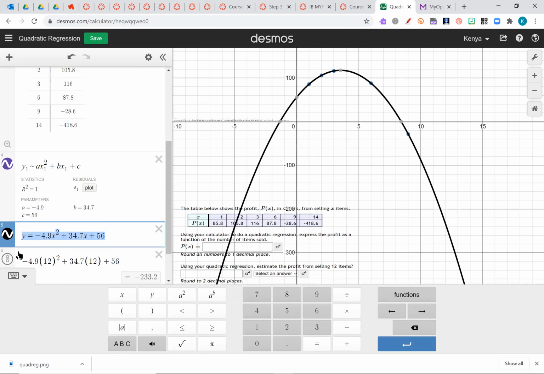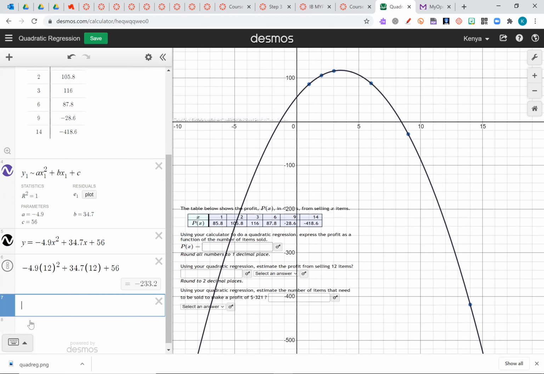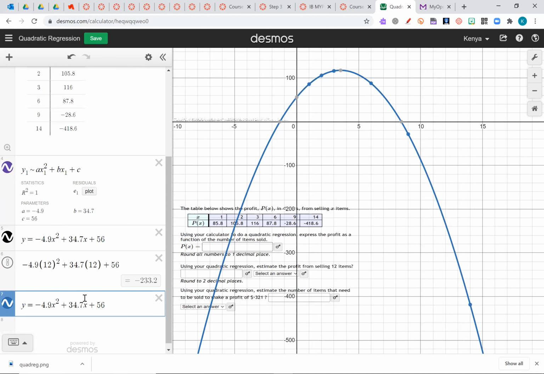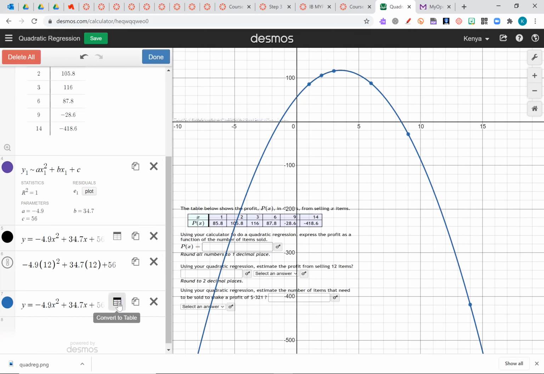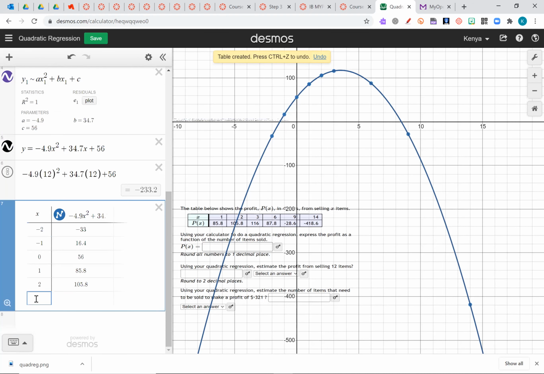So we can get this function here. I'm going to copy it and add a table to it. The only reason I'm copying and pasting it over here is because I want to keep this function here and turn this one into a table. All right, so here's the table and we can type in the number 12 and it gives us the same answer, negative 233 and 20 cents for the profit.